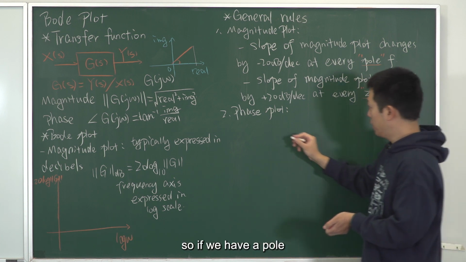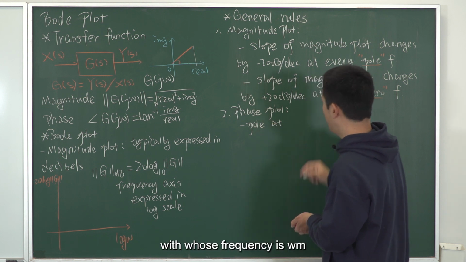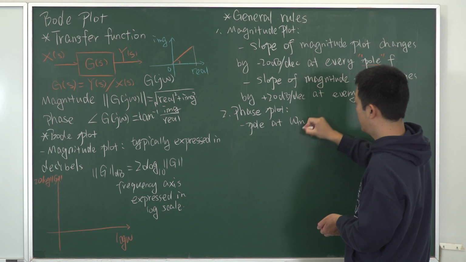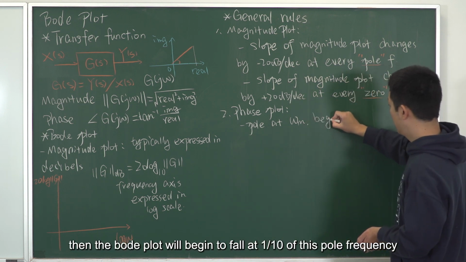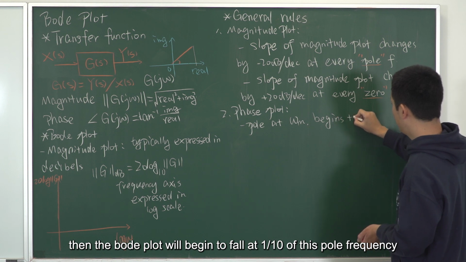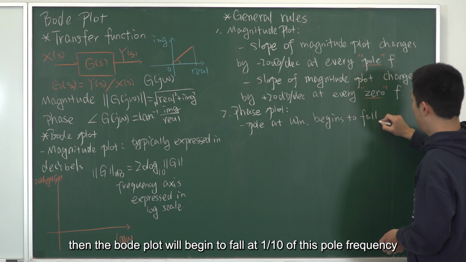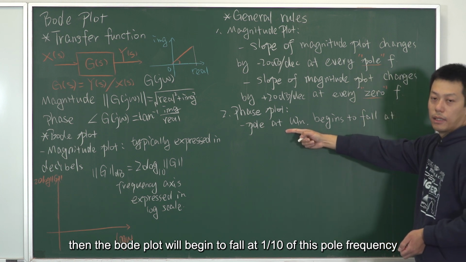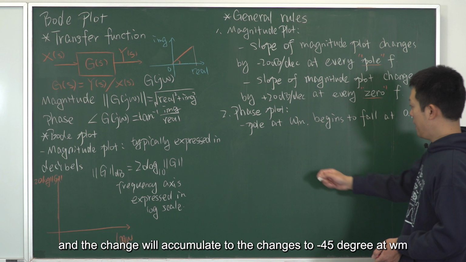If we have a pole whose frequency is ωm, then the Bode plot will begin to fall at 1/10 of this pole frequency, 0.1 ωm.